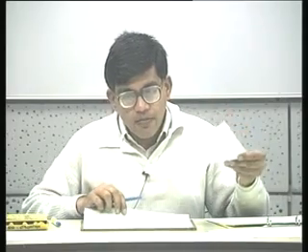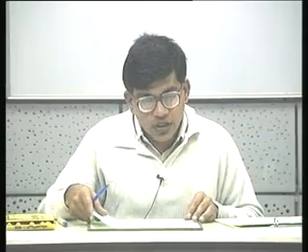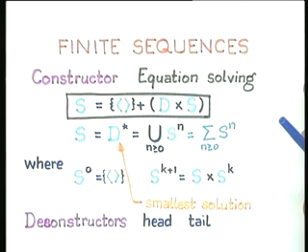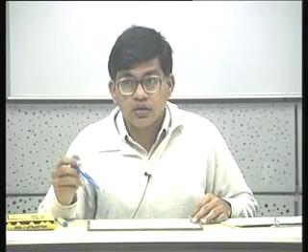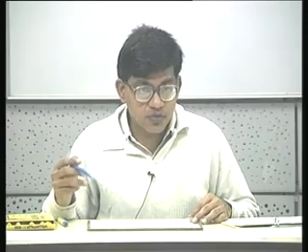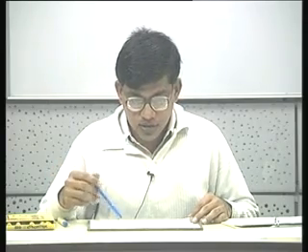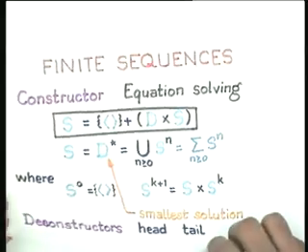The constructors and deconstructors that were used for this are equally applicable also for infinite sequences. Though we will not be looking at them in detail, infinite sequences are actually present in some form in ML. The lazy evaluation mechanism of ML actually has these infinite sequences.